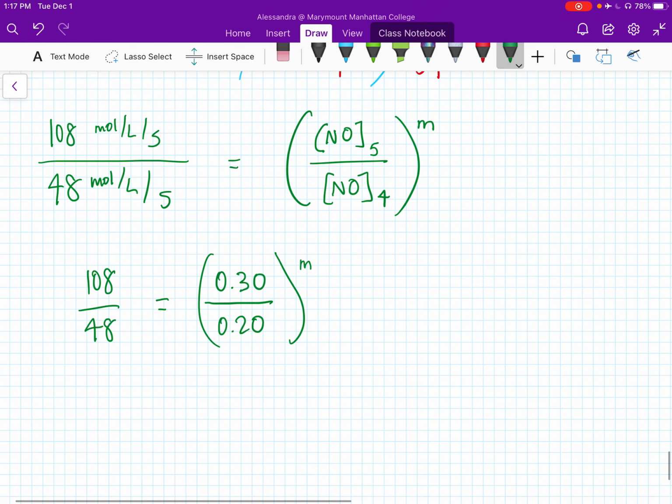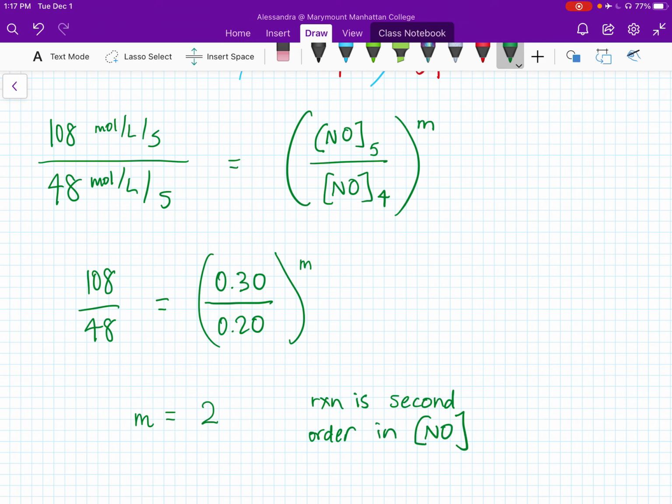If you do the simplification and use natural logs, you can solve for m, and you find that m is equal to 2. This tells us that the reaction is second order in terms of the concentration of nitrogen monoxide.